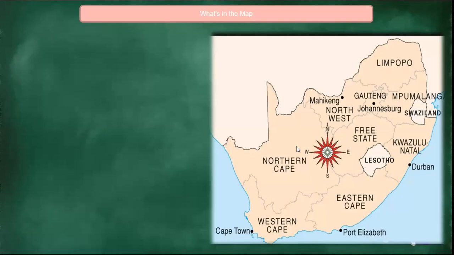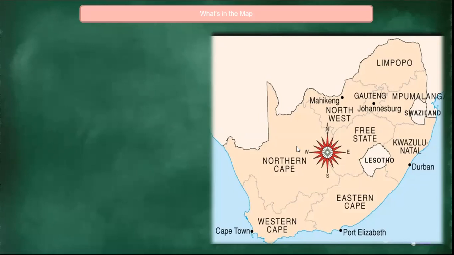In the map, there are nine provinces: Limpopo, Gauteng, Mpumalanga, Northwest, Free State, KwaZulu-Natal, Eastern Cape, Northern Cape, Western Cape, and there are two countries in South Africa.